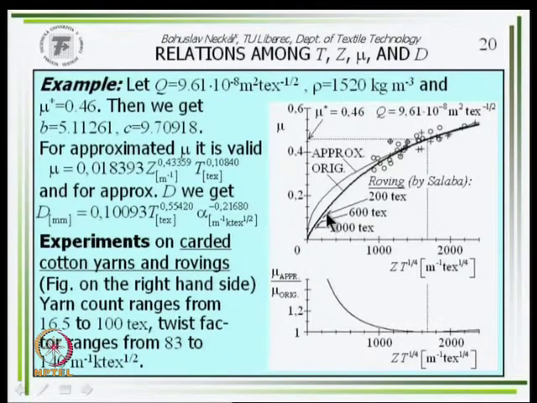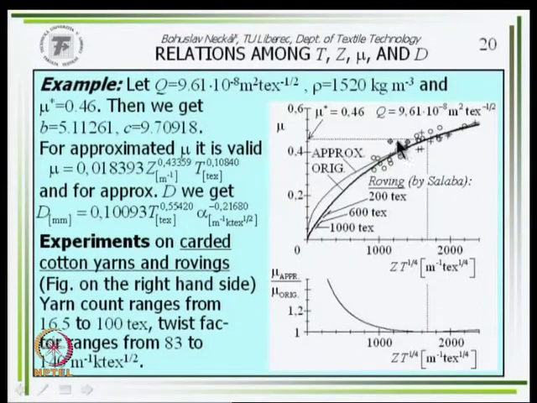You can see that it is very far from our approximation, but very near to our theoretical curve. So our theoretically derived curve is valid in an acceptable comparison with experiment in the whole region from rowing to twisted yarns.